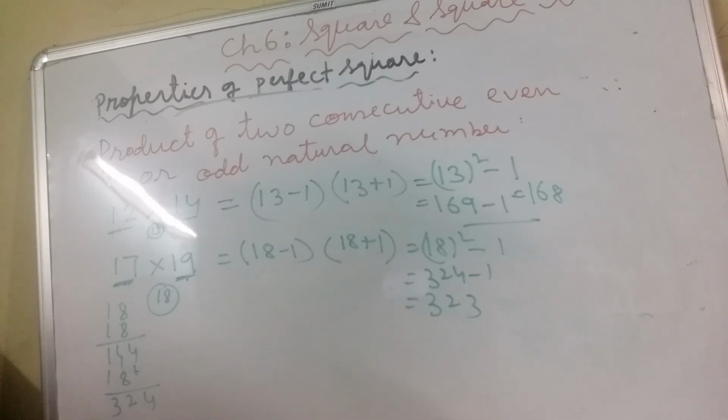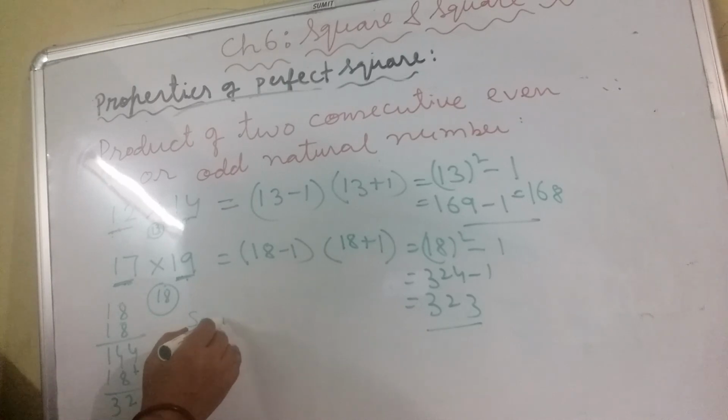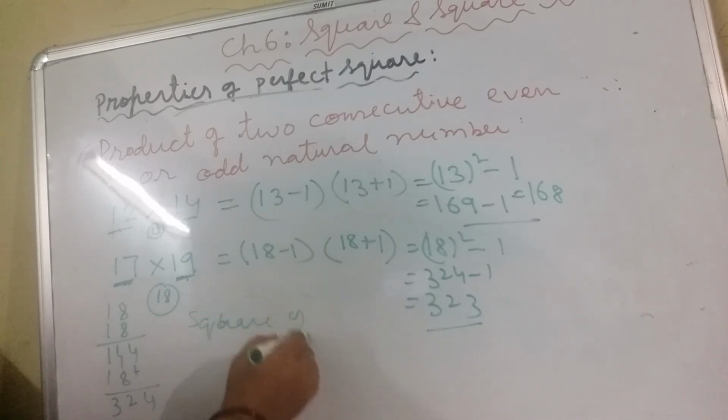Understood? If you know that, you can easily find their product. These are the tricks you use when you have to calculate with big numbers. And you will all learn the squares of 1 to 30 natural numbers.